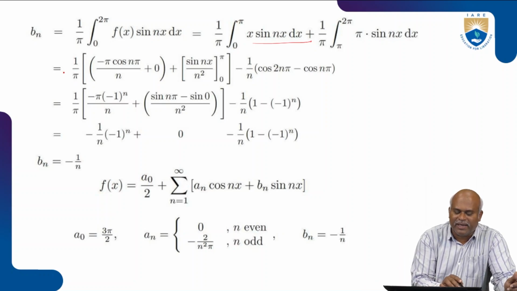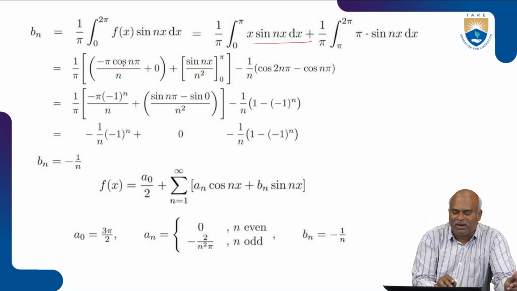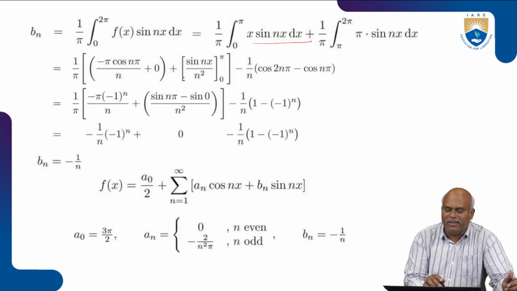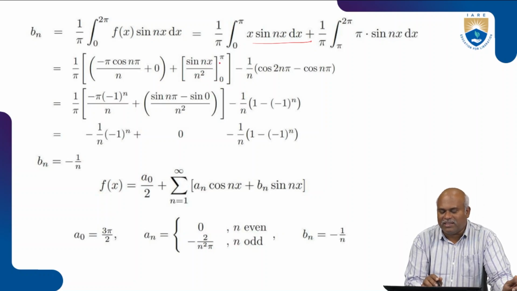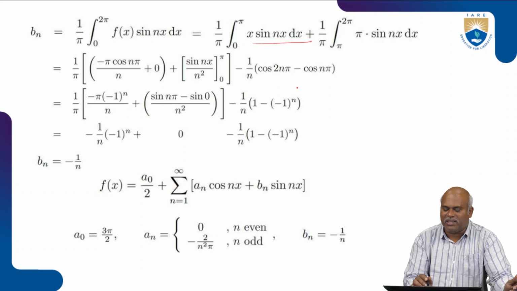So 1 by pi we take out. In this case, minus pi cos n pi divided by n minus 0 after substituting the limit, then sin nx divided by n square, the limit is 0 to pi, then minus 1 by n, cos 2n pi minus cos n pi after substituting the limit.